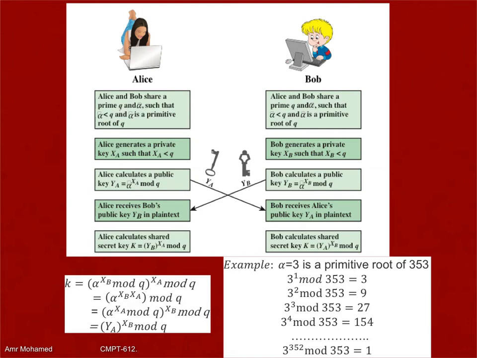XA, this is Alice. Alice selected XA before. So XA is known to Alice. It's not known to Bob, but it's known to Alice. So this is XA. We take the message coming from Bob, we put the exponent XA, we put mod Q, and we come up with K.